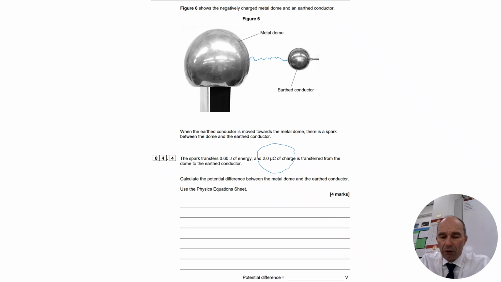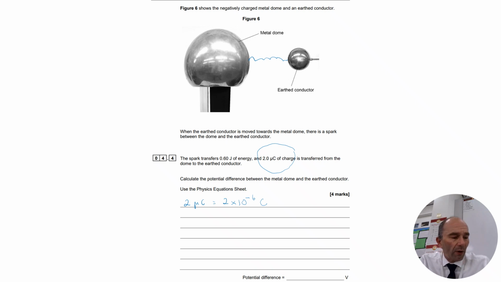So it means that our 2 microcoulombs equals 2 times 10 to the power of minus 6 coulombs. So it's a millionth. So divide by a million. You can use this as standard form or just use it as a long decimal.